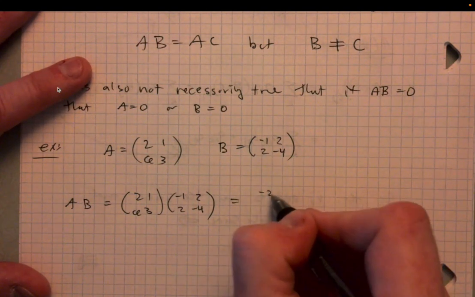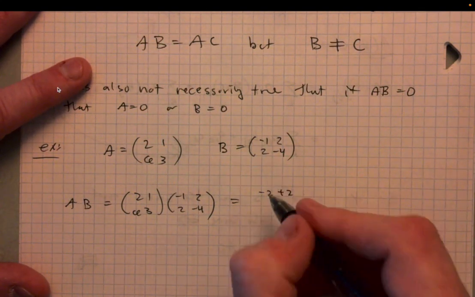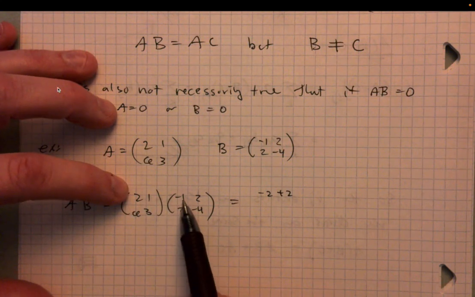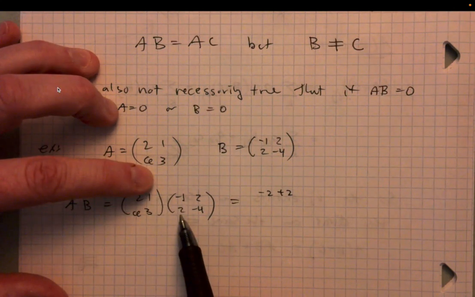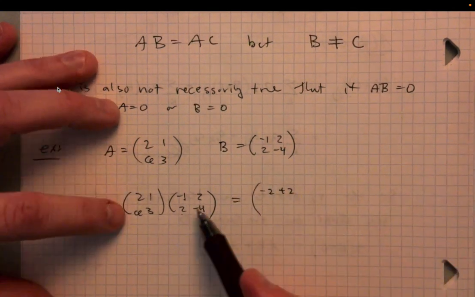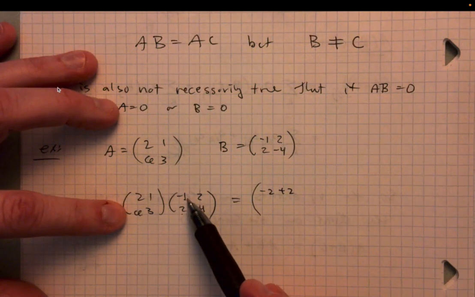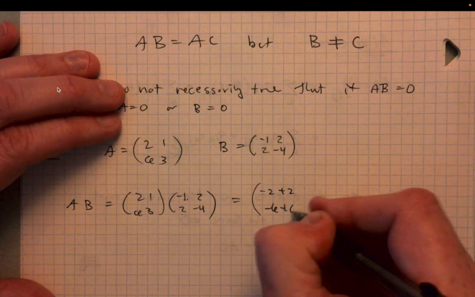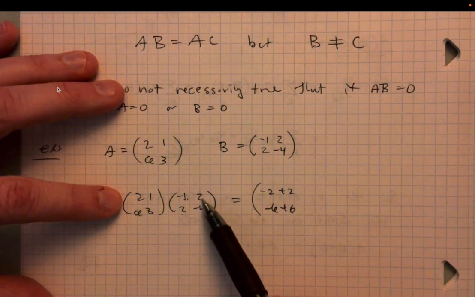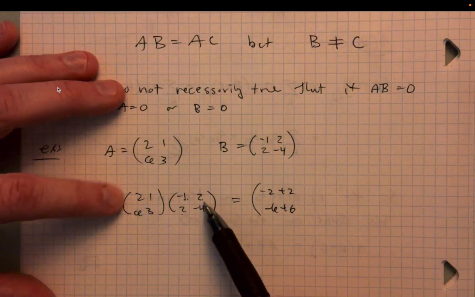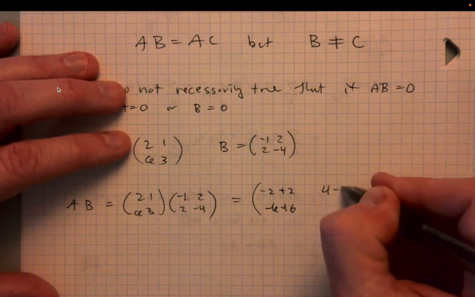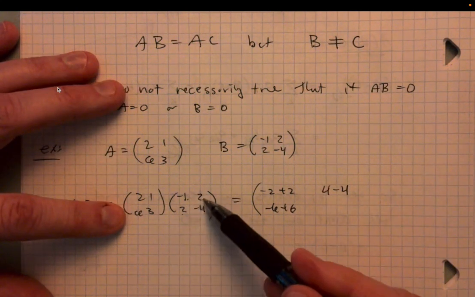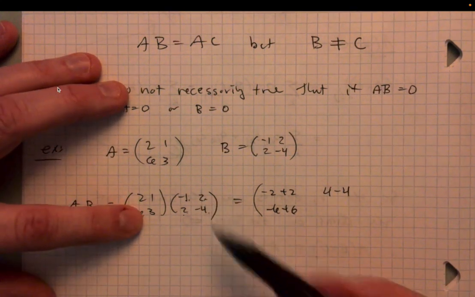Well, we've got -2 plus 2, then -2 plus 2 again, then -6 plus 6, and then 4 minus 4, and then 12 minus 12.